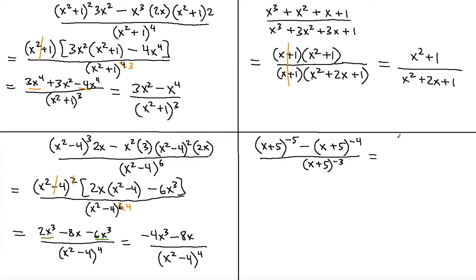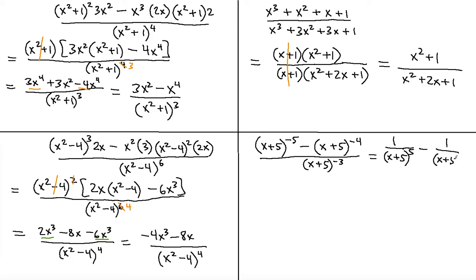So let's rewrite that. So what we need here is 1 over x plus 5 to the 5th power, right? Notice there's no more negative in the power because we already flipped it, right? We already reciprocated x plus 5, so it becomes to the 5th power. And then minus, let's see, so this is going to be flipped x plus 5, and this time the power will be 4 in the bottom.